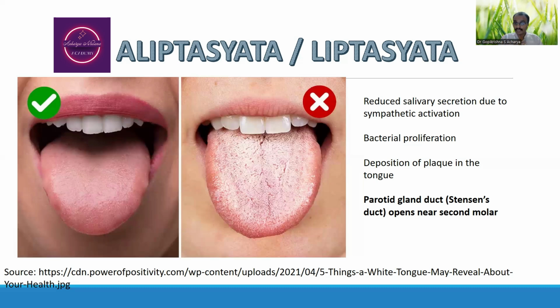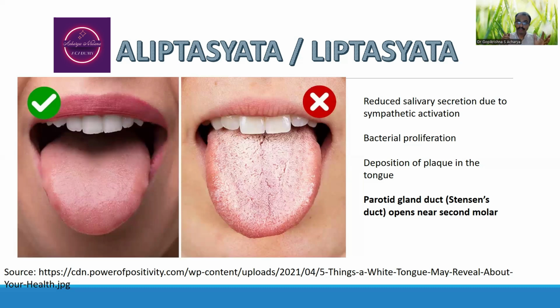That means when a person is suffering from fever, there will be reduced salivary secretions. This is responsible for the increase of pathogenic bacteria in the oral cavity, and these pathogenic bacteria start entering into the parotid duct, from the simple principle of movement of substances from higher concentration to lower concentration.